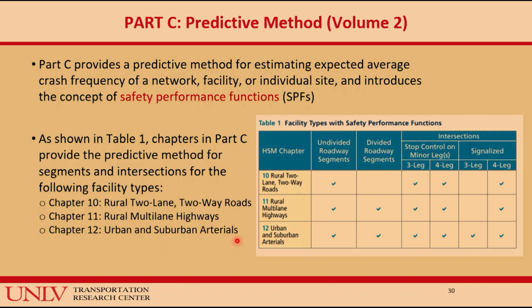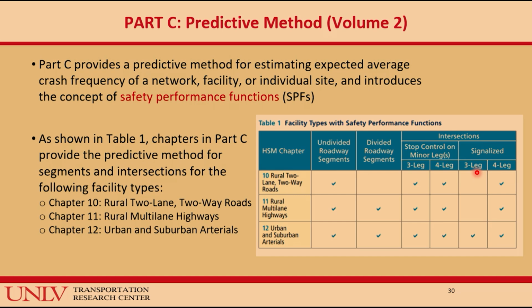And there for chapter 10 you have undivided, again you don't have divided just by definition, and so that is the roadway segment. And if you have junctions or intersections, what is the stop control on the minor leg? So this is the major street, you have minor streets. Do you have 3 approaches, 4 approaches? Is it signalized? Because even a 2-lane rural road could have that.